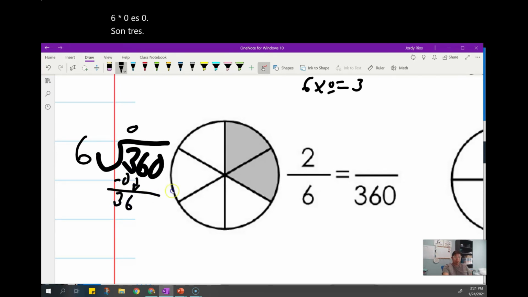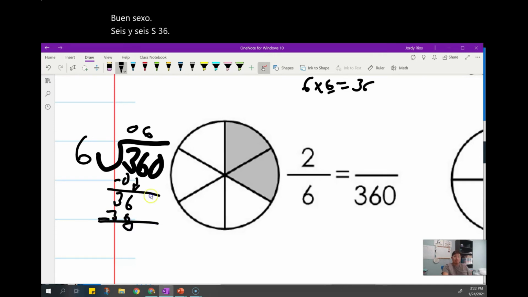Okay, now I'm dealing with 36. 6 times what will equal 36? Good, 6. Okay, 6 times 6 is 36.